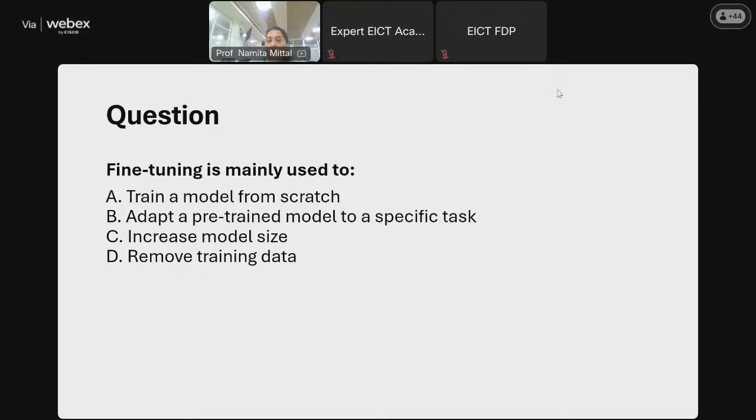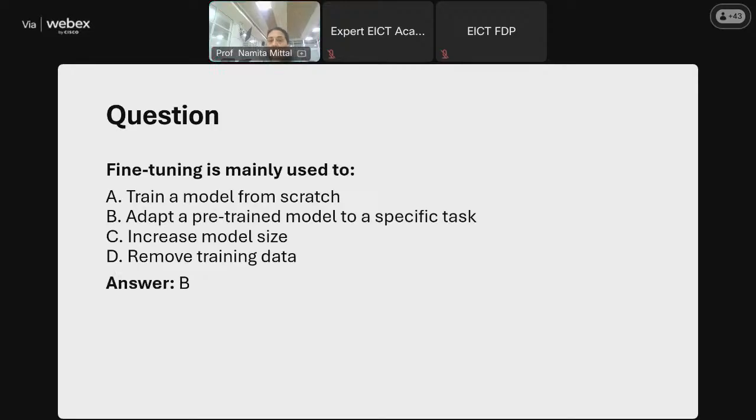Adapt a pre-trained model to a specific task? Increase model size is a bad option, because we don't increase it. Remove training data? No, it's not like that. So the correct answer is B: adapt a pre-trained model.